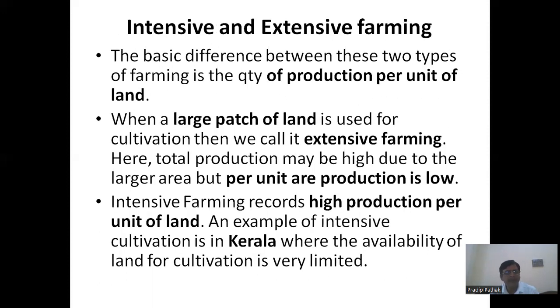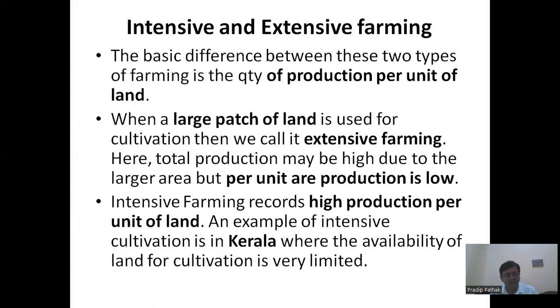Now, what is the difference between intensive and extensive farming? The only difference is the quantity of production per unit of land. In extensive farming, a large patch of land is required because the per unit production is low. This may be the case in countries like Canada and others.